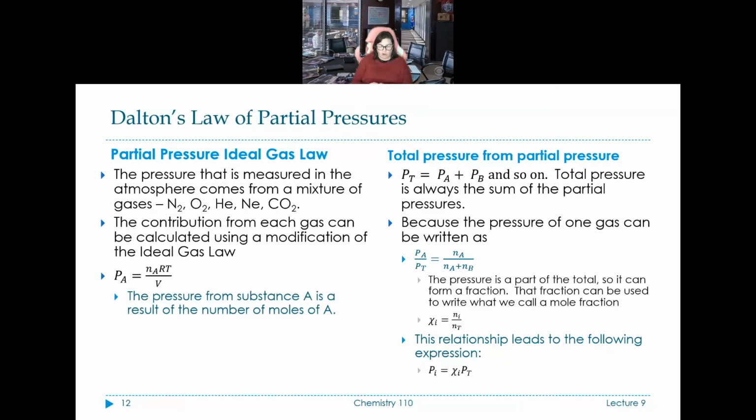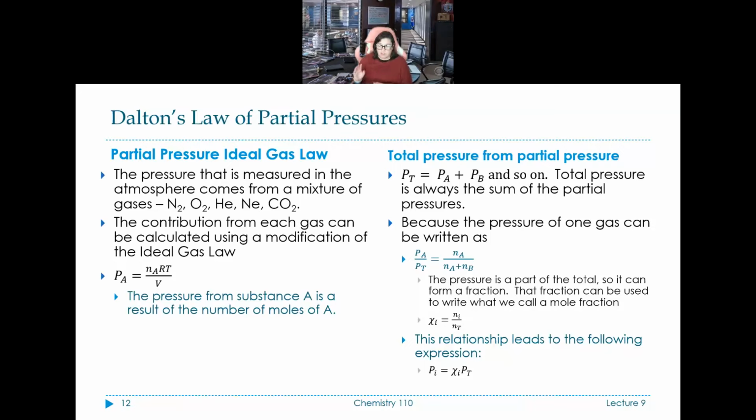Chi is a mole fraction. So we've gone from A to I, but chi I is equal to the number of moles of I divided by the total number of moles. This relationship leads to the following expression: the pressure of I equals the mole fraction of I times the total pressure. So that's how we can do this.